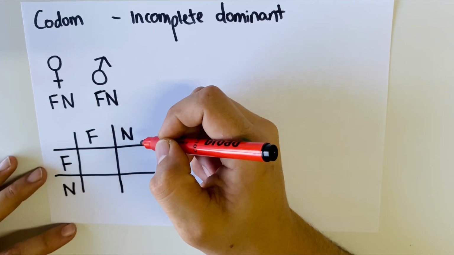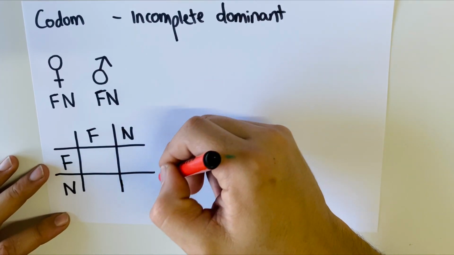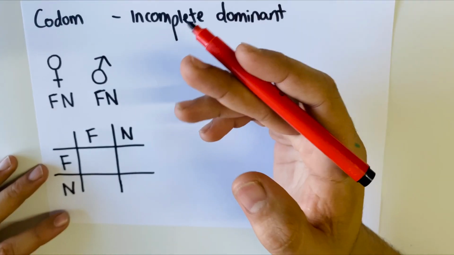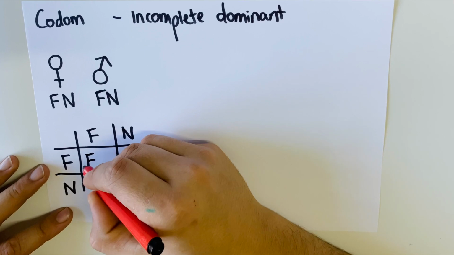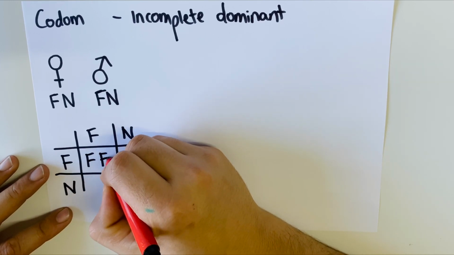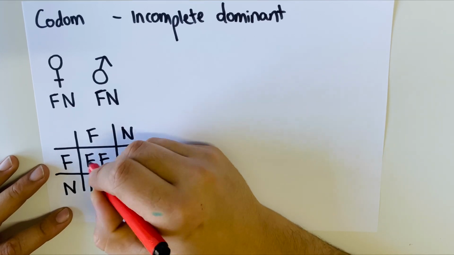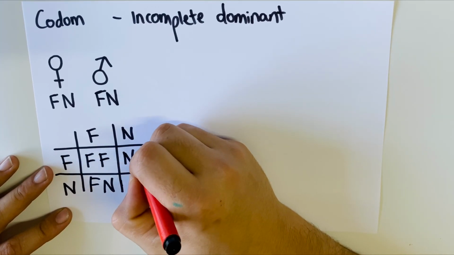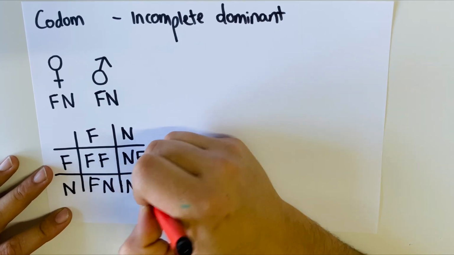And we can from this calculate what percentage of offspring would be fire, and so on. So here we have from the father an F, and from the mother an F, coming down F, coming across N, and then coming down N, coming across F, coming down N, coming down N.